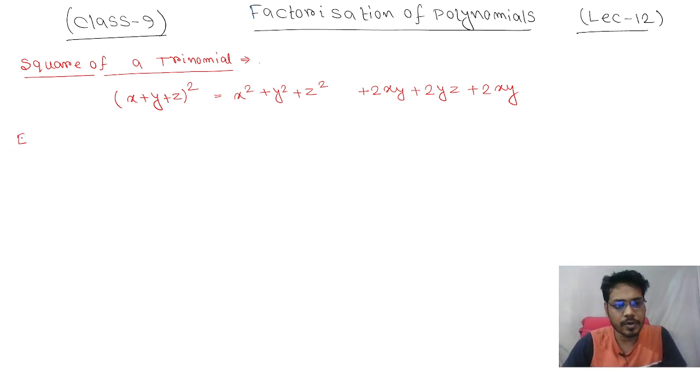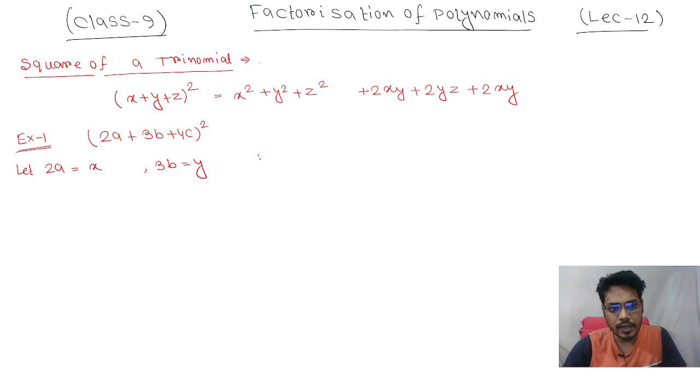For example number 1, 2a plus 3b plus 4c its whole square. In this kind of question we have to assume that 2a is x, 3b is y, and 4c is equal to z.